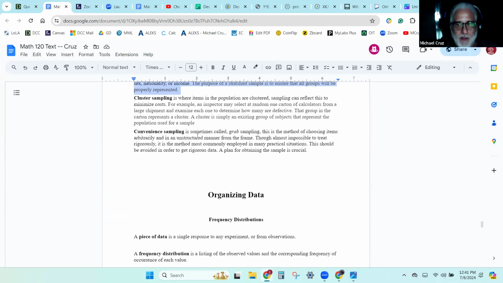People just go out and do the best they can with what they've got. But in reality, the collection of a sample needs to have a plan in place so that we make sure we have a sample that represents the population. It's a lot easier to work with a sample than a population because it's generally smaller.